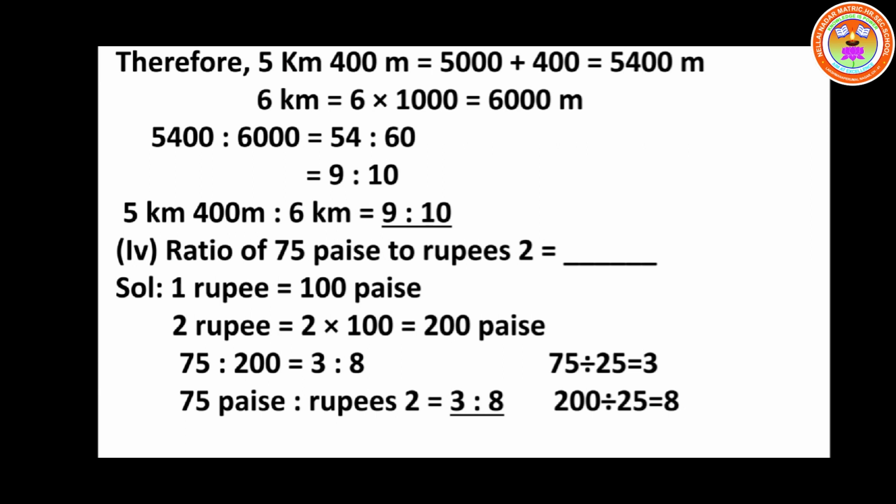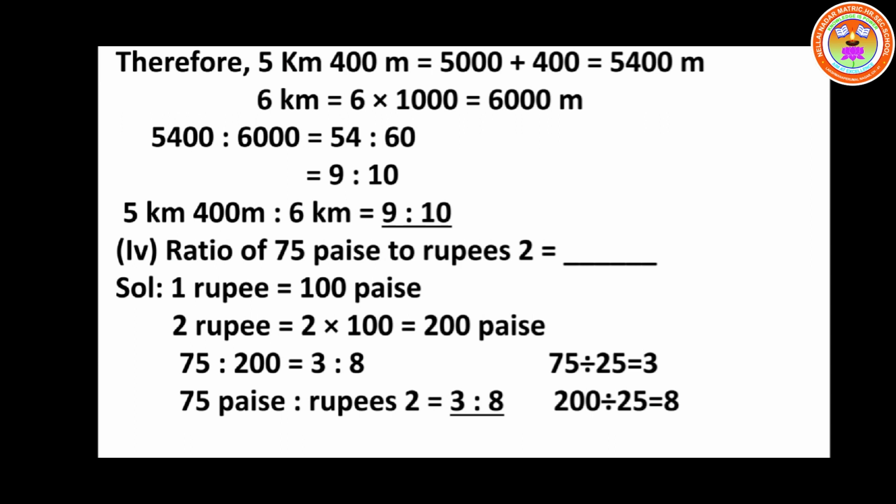Same as I told you there, you can cancel 2 zeros. So you will get 54 is to 60. Now both will come under what table? In the 6 table itself you take. How many times will 54 come? 9 times. 6 nines are 54 and 6 tens are 60. So your final answer is 9 is to 10.